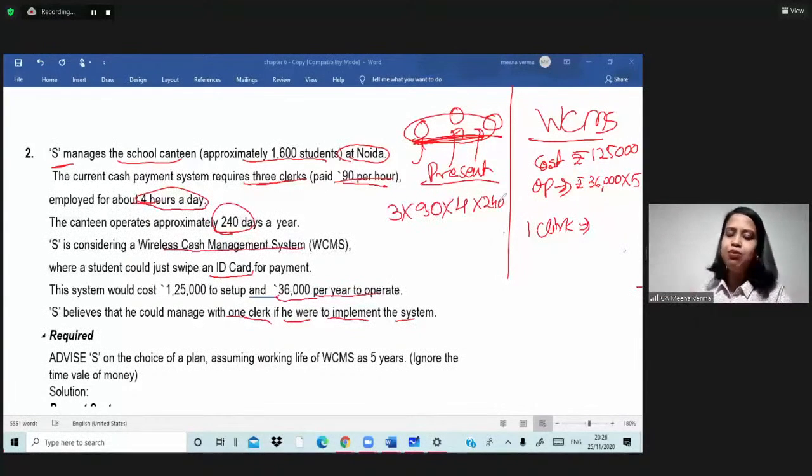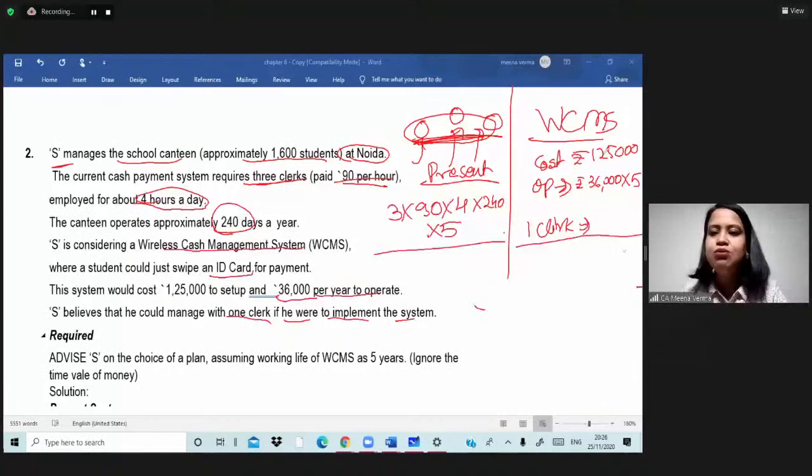And for the proposed system, what are the costs which you will incur over the next 5 years? I will multiply this by 5 so that I get the value for the next 5 years. For the proposed system, the total cost is this, then the operating cost will be this, and there is a requirement of one clerk.